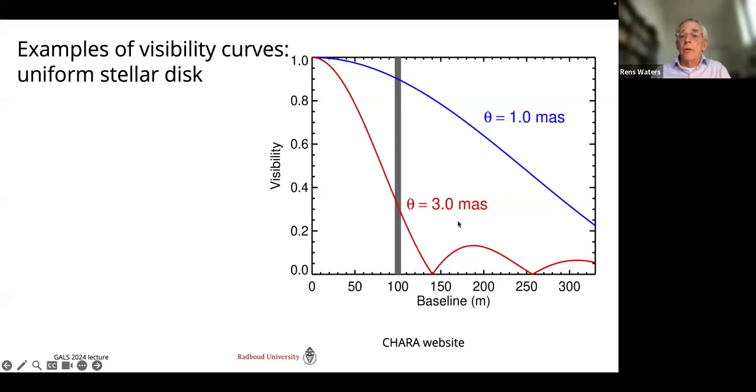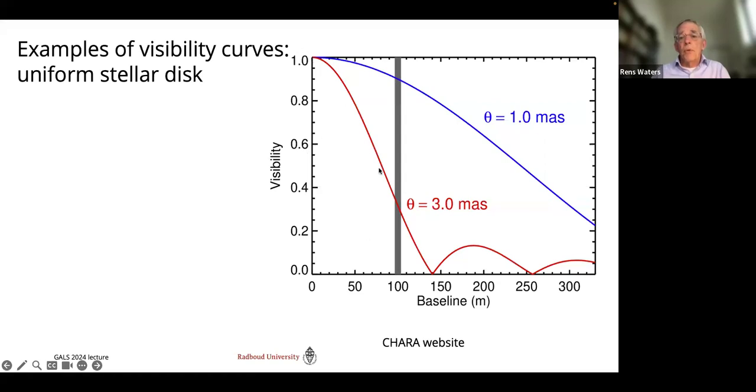For an assumed angular size of a star, so a uniform stellar disk is being assumed here, 3 milliarcseconds and 1 milliarcsecond. If the object is small in the sky, this is then the visibility for longer and longer baselines. It goes down because as you go to longer and longer baselines, you spatially resolve the object more and more. So the fraction of the light which is completely coherent goes down and down, and therefore the visibility goes down.